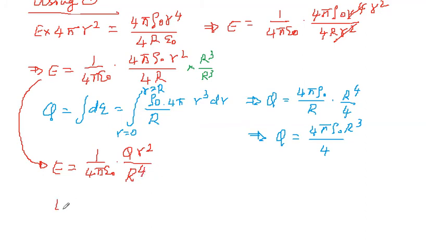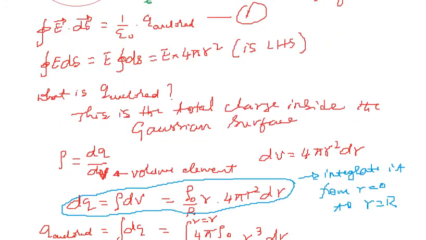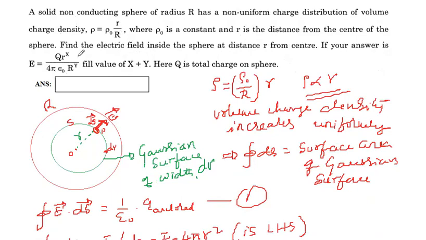So now simply mix all these things together, that is q r square divided by 4 pi epsilon o r to the power 4. So now what we are having in the given equation, we are having this much. So I simply copy this thing to there.